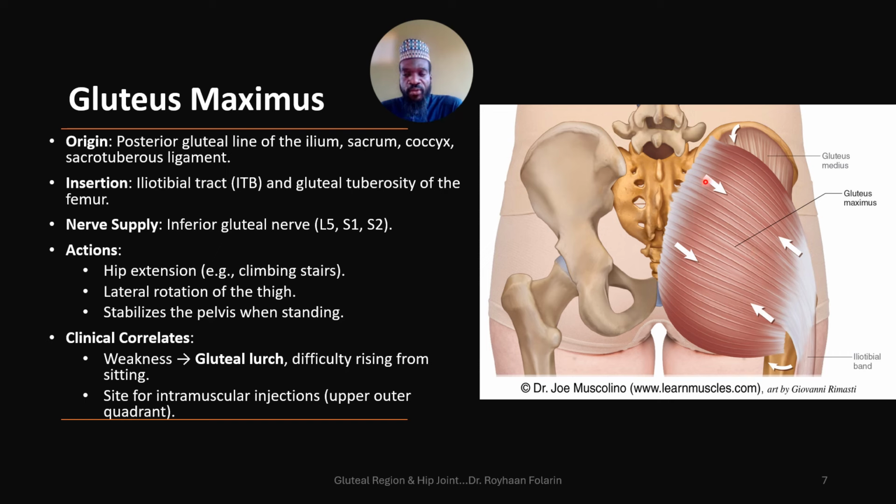And by virtue of the point of insertion of this muscle, you can expect it to assist greatly in hip extension. Whenever it contracts in this direction, it's able to extend the hip joint, right, by pulling the femur backward.